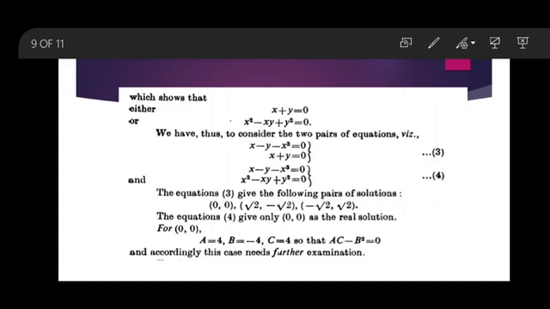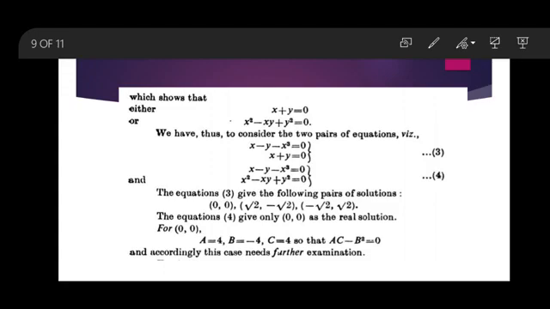So here if we calculate ac minus b square, what here? ac means 4 into 4 minus b square. B square means minus 4 square. So 16 minus 16, that will be 0. So here ac minus b square is equal to 0.